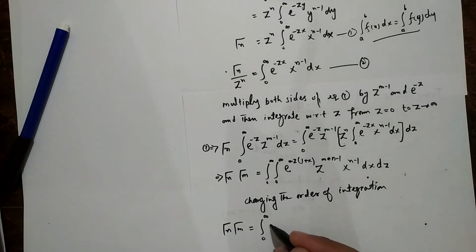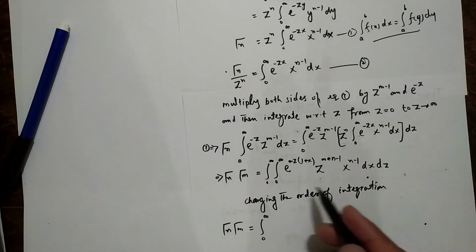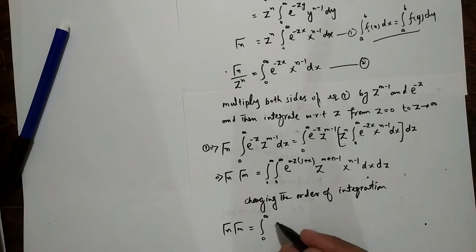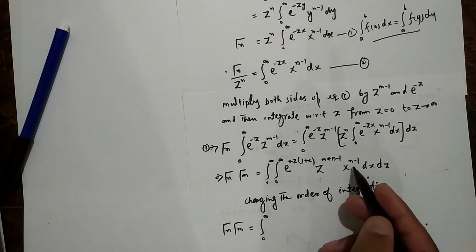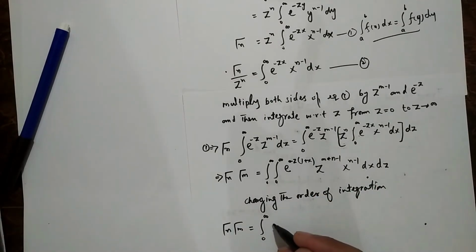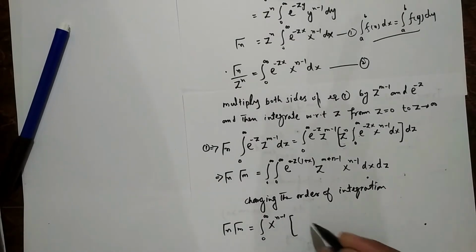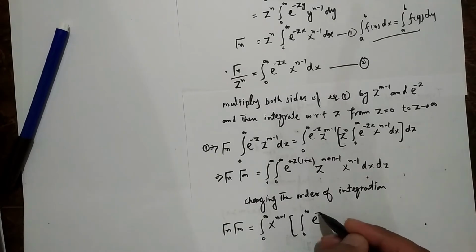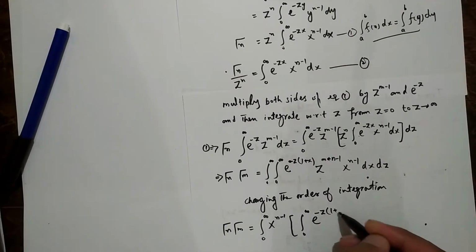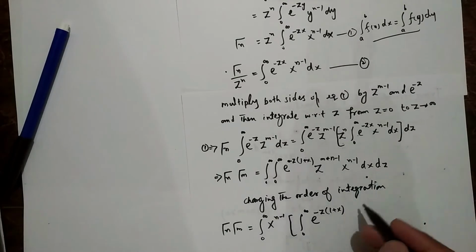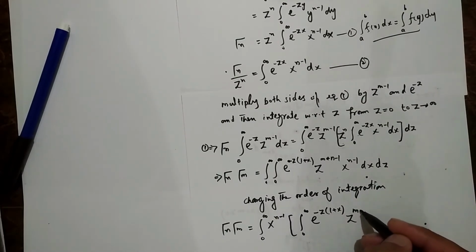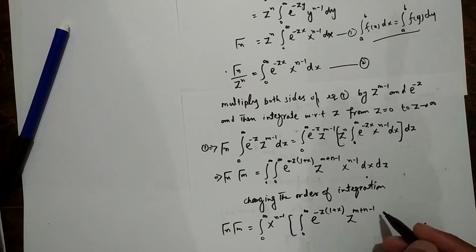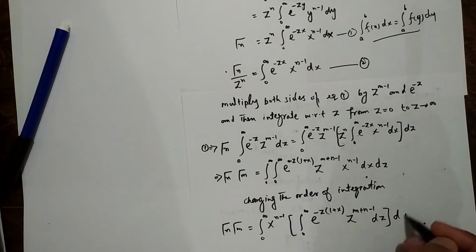So first now we are integrating this term with respect to z, so taking this before the z integral, which is x to the power n minus 1, and integral from 0 to infinity e to the power minus z into 1 plus x, z to the power m plus n minus 1 dz, and then dx.